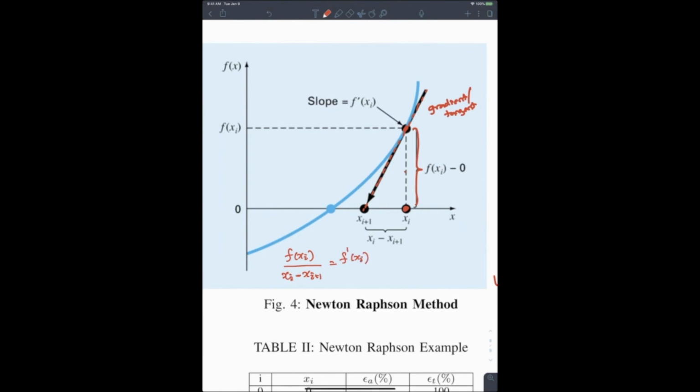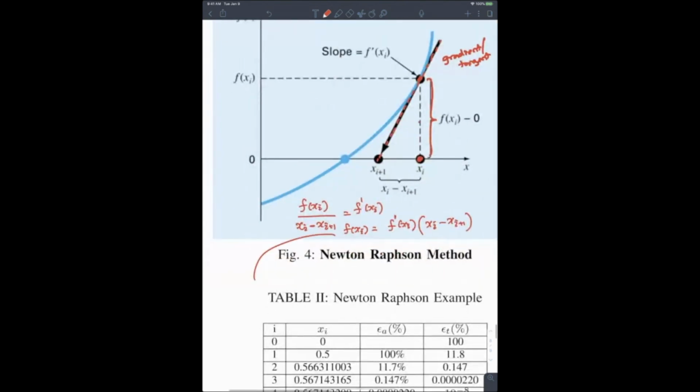From this, we can write f(x_i) is f prime(x_i) times x_i minus x_{i+1}. Now, from that, you can write x_{i+1} is x_i minus f(x_i) divided by f prime(x_i). So that is an alternate derivation.